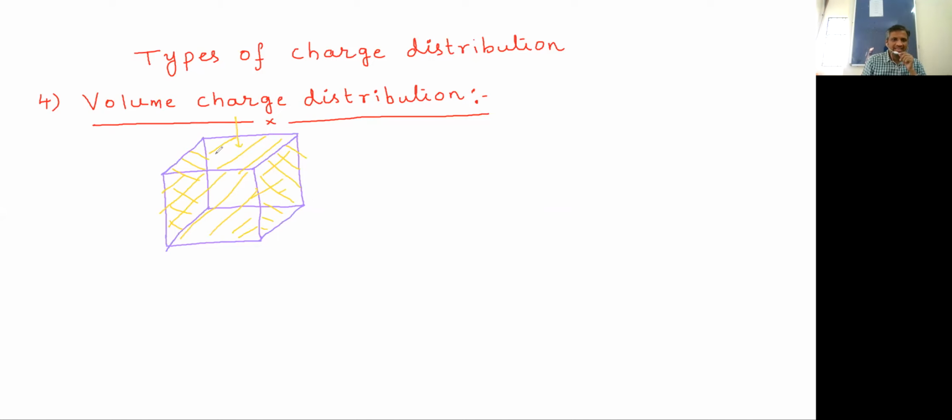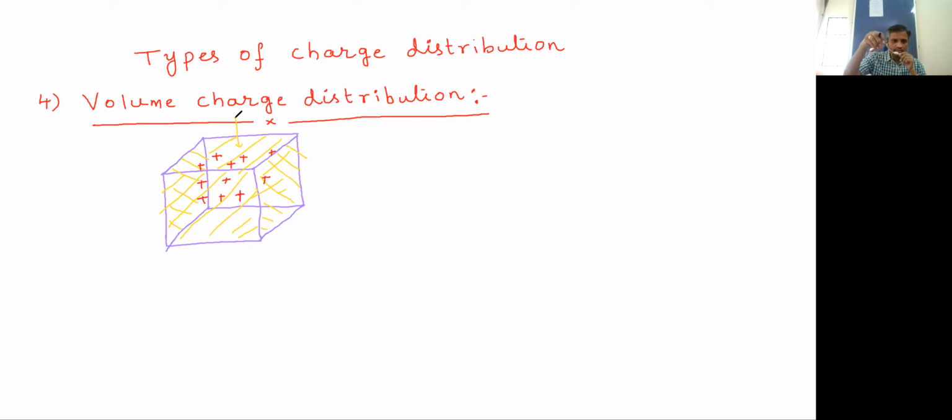Now if you pour some charges into this volume, the charges will be floating like this. Don't place the charges on any surface.